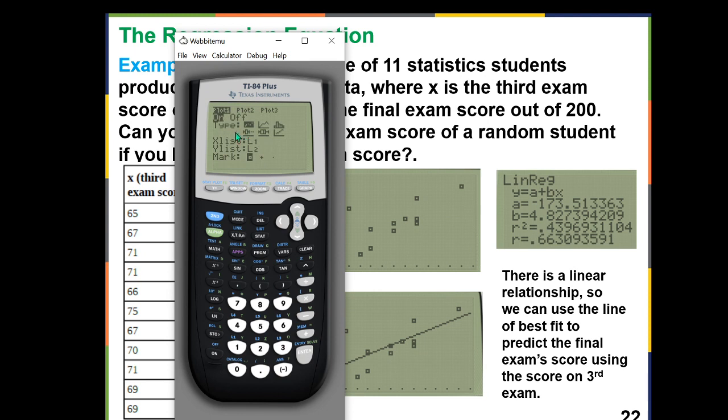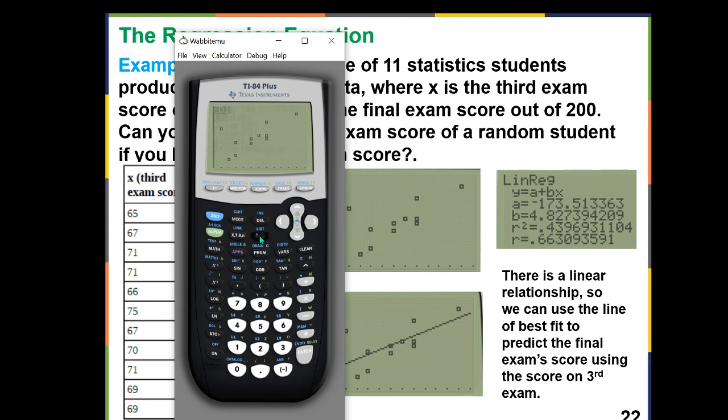We pick the first one, we turn it on, pick the scatter plot, make sure this is L1, L2, and then pick that mark. I'm going to take it away from there, and then run that, right? So I got that. Just a moment, let me go to Zoom 9. Okay, I got the graph.